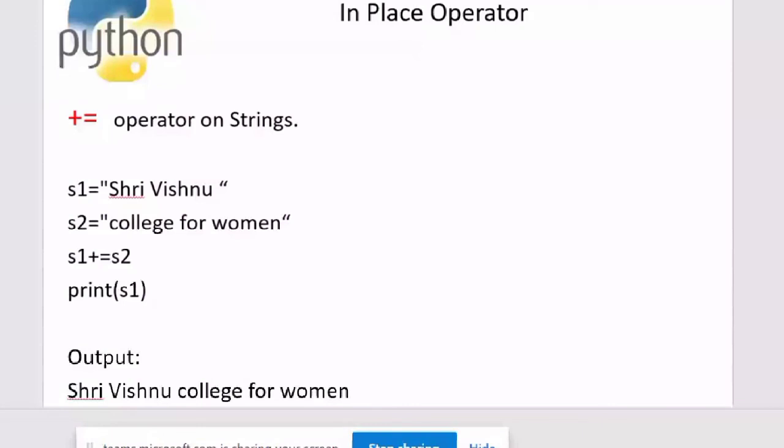If you apply a plus over there, that will be a concatenation operation, right? Concatenation means the joining of the two strings, right?